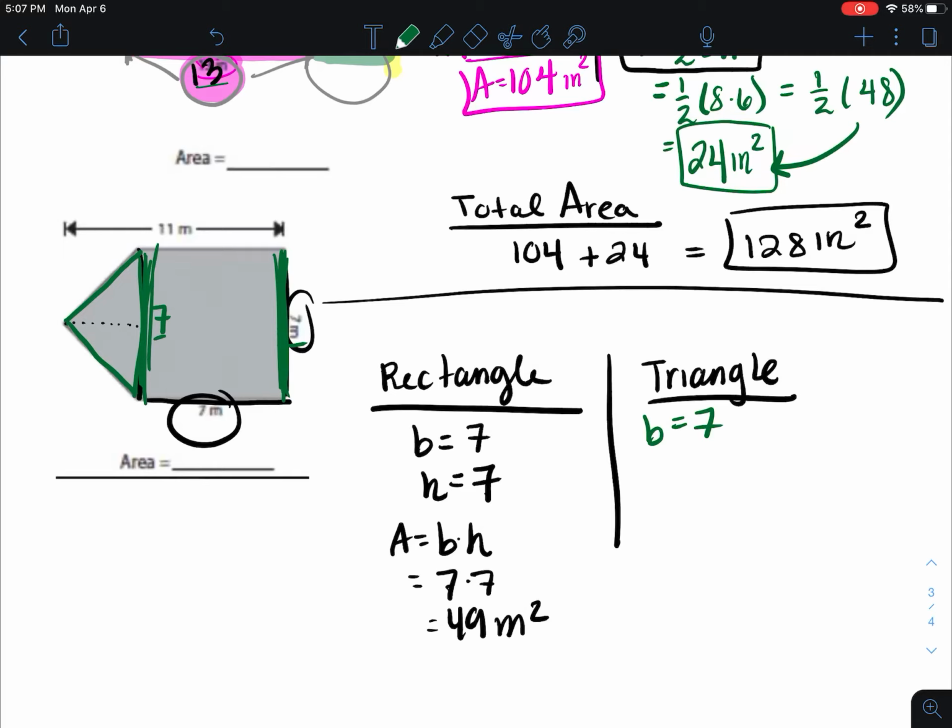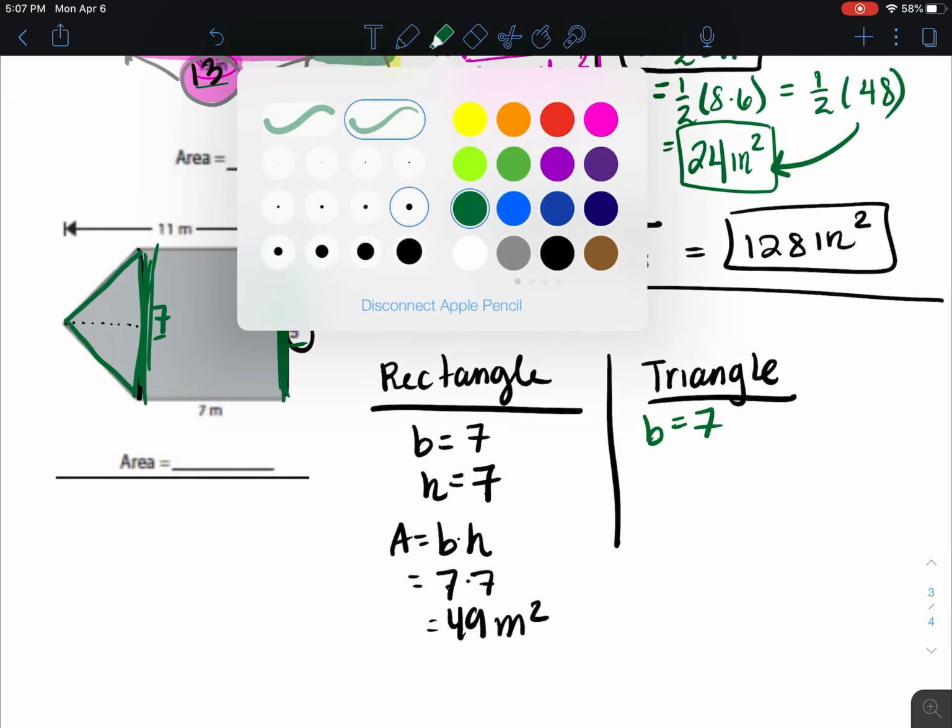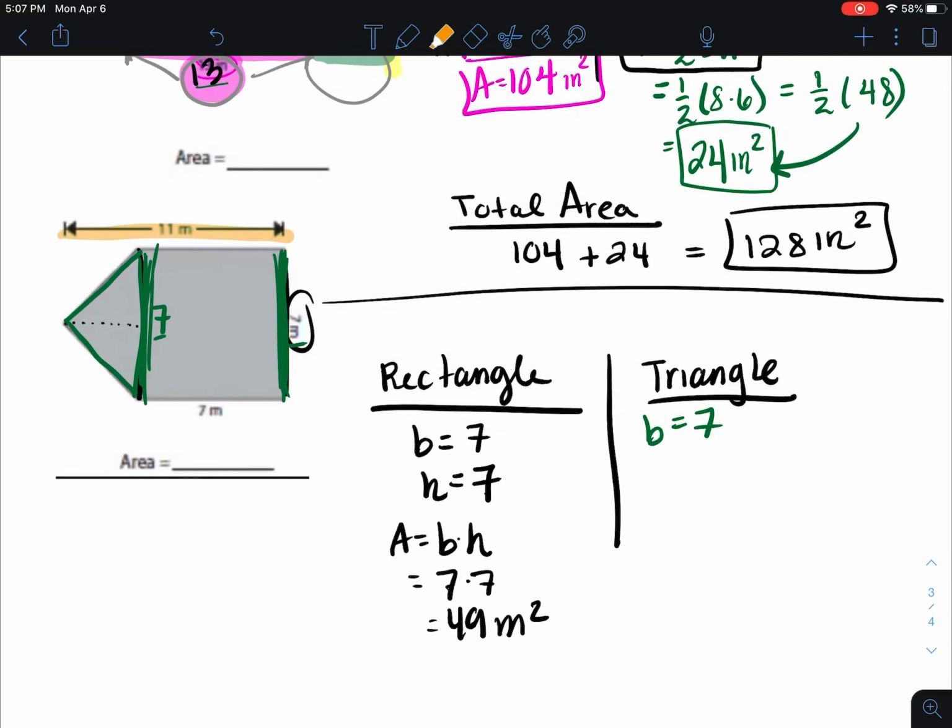Now the height is where it gets a little more confusing and involved. Here we have to take a look at this and this, in order to find this little missing piece. If I know that the total from here to here is 11, and this little piece is 7, well, if I subtract those, I get 4, which is going to be my height.